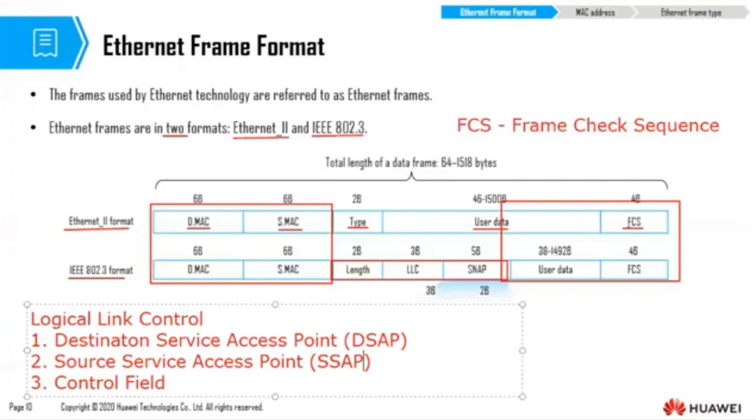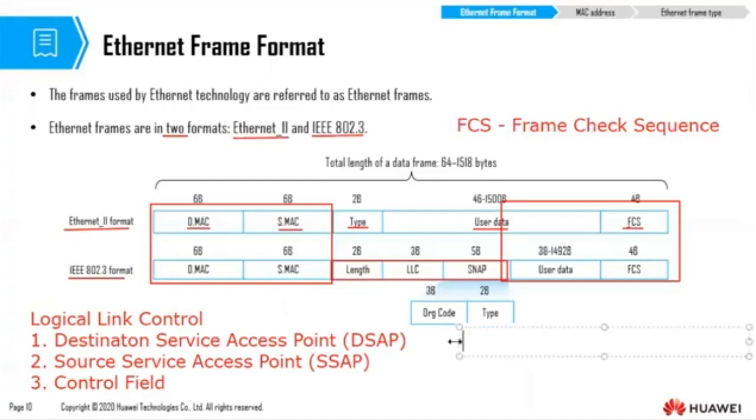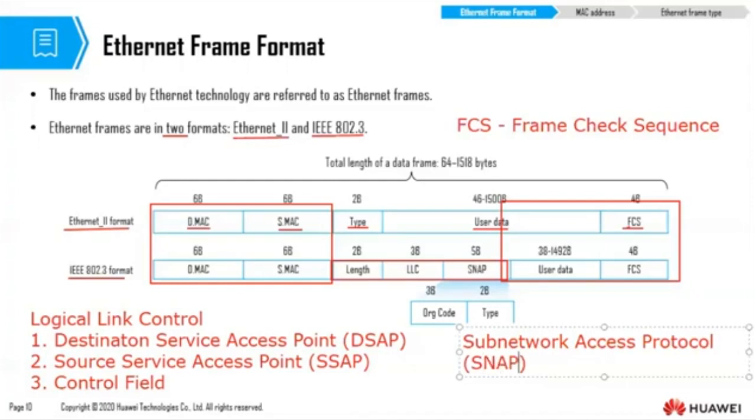Okay. Then we have the SNAP. The SNAP field is the subnetwork access protocol. The SNAP field has several subfields within it.